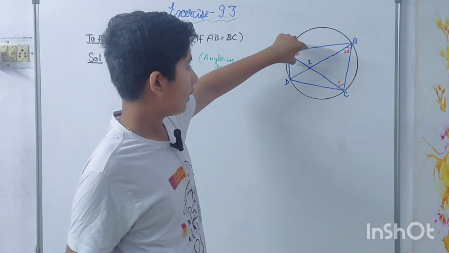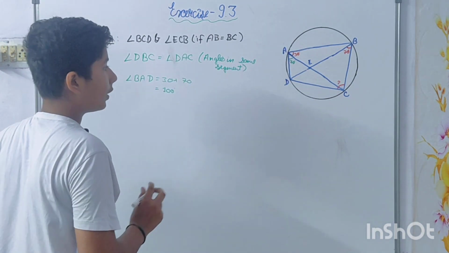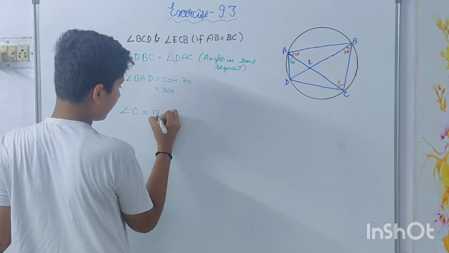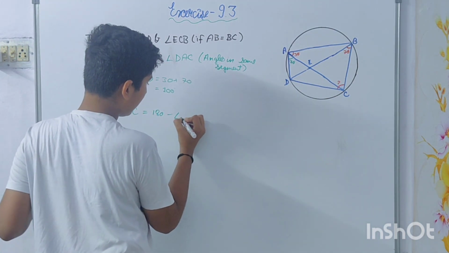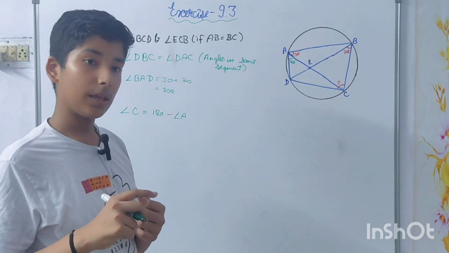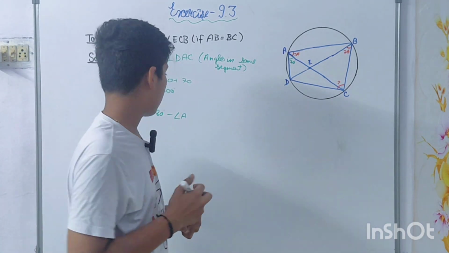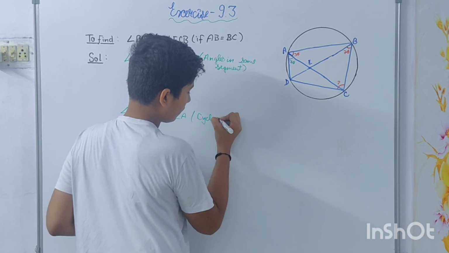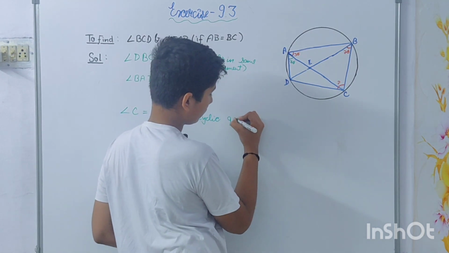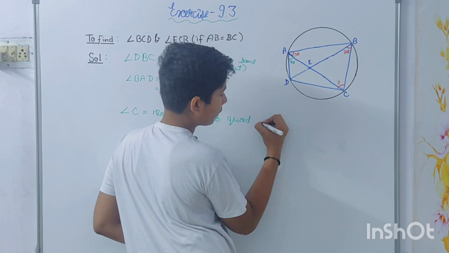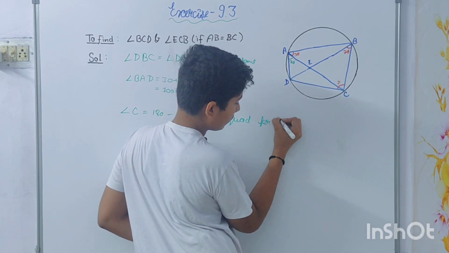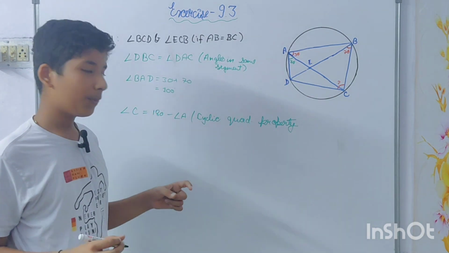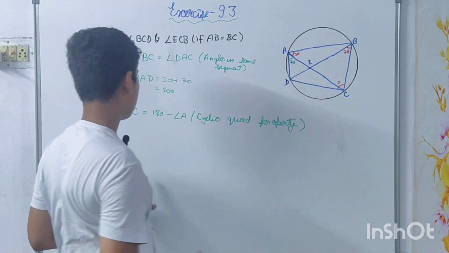Now, since this is 100 degrees, we can find angle C. Angle C equals 180 degrees minus angle A. This is because of the property of cyclic quadrilateral.